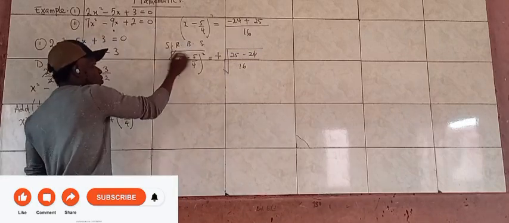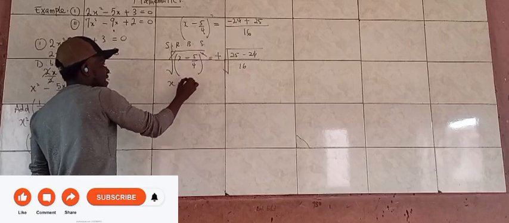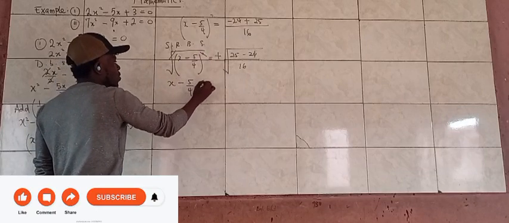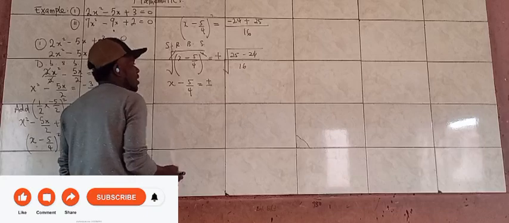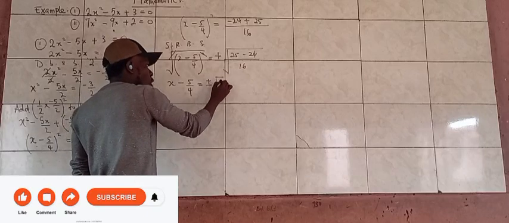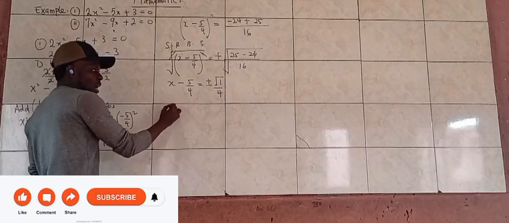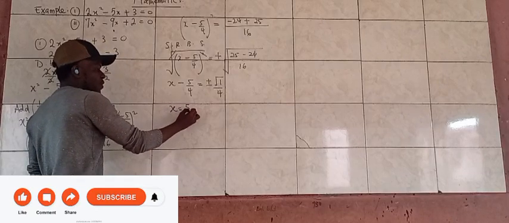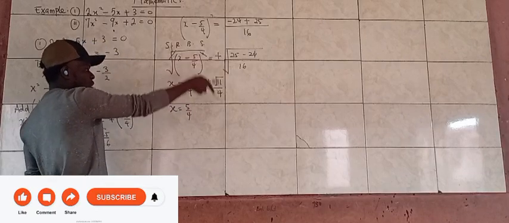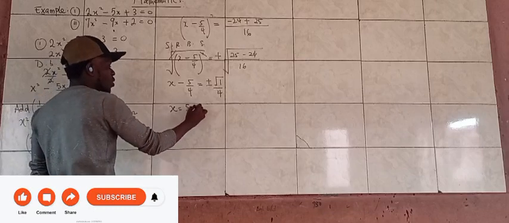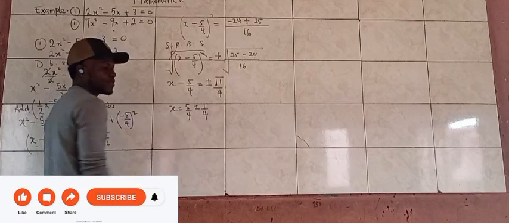On that note, square root takes away the square, and we have x minus 5 over 4 equals plus or minus the square root of 1 over the square root of 16, which is 4. So I will have x equals 5 over 4, because minus 5 over 4 will come to the right hand side, plus or minus 1 over 4.